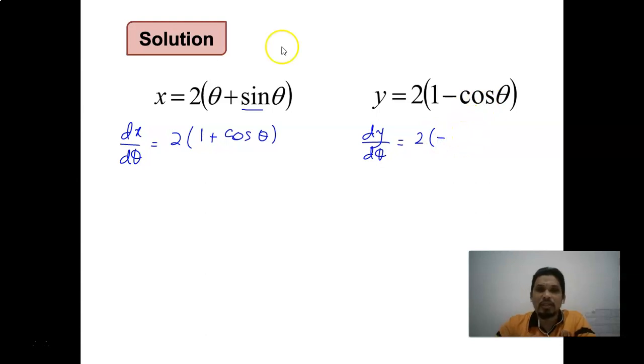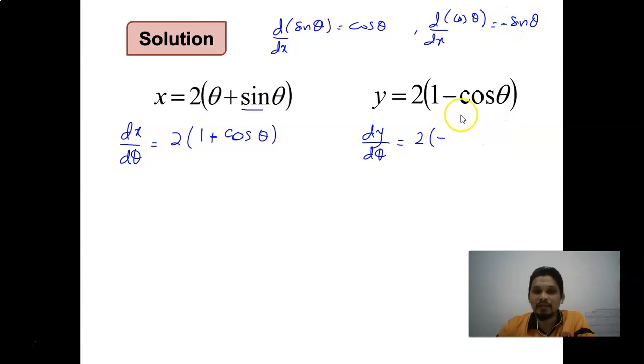The derivative of sine theta is cos theta, and the derivative of cos theta is negative sine theta. So negative times negative becomes positive, equal to 2 sine theta.